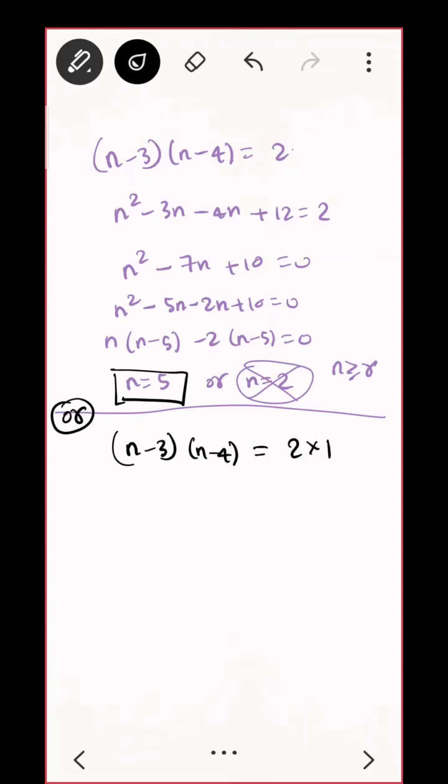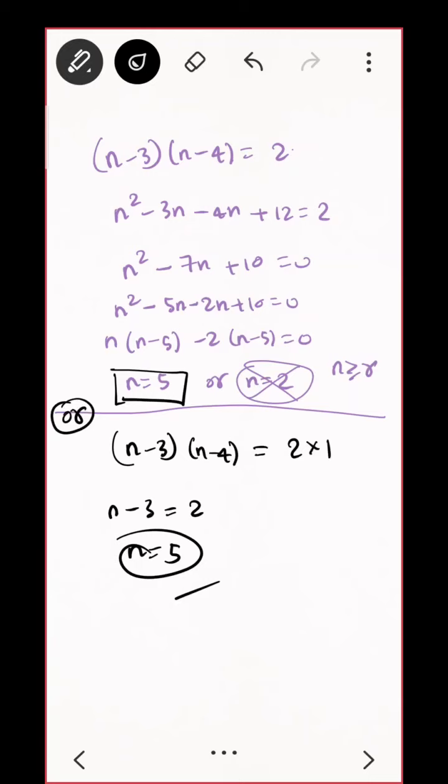Correct? Now you just need to compare the bigger and smaller numbers. What is your bigger number? n minus 3. So you can write n minus 3 is equal to 2. Yes, that means n equal to 5. Is that clear? You can use both methods. Correct?